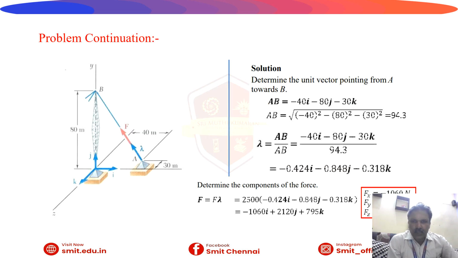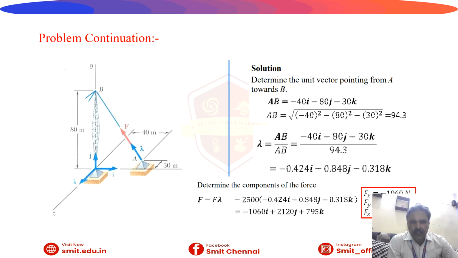Now you can look at the solution on the right hand side. We can see it one by one. Determine the unit vector pointing from A towards B. Where is our A? On the earth we are having it clamped in that area, that is A, that joint is pivoted, and B is the upward point.